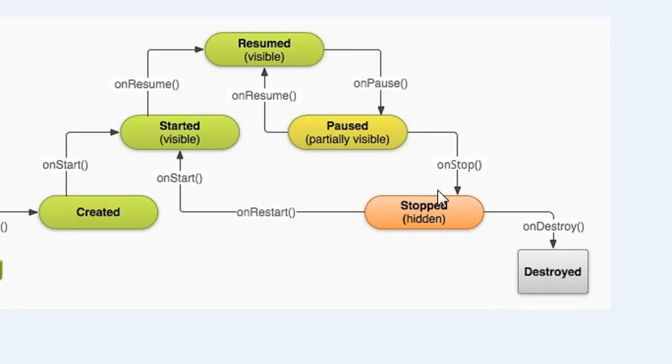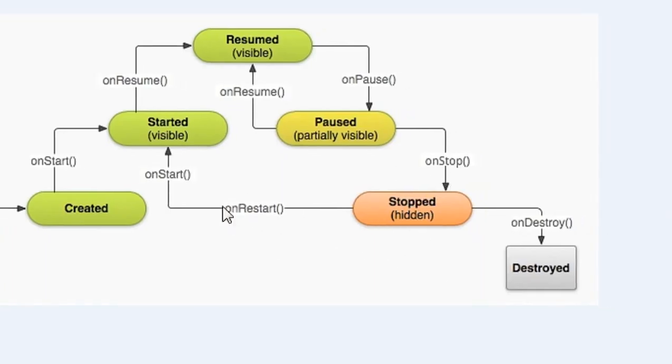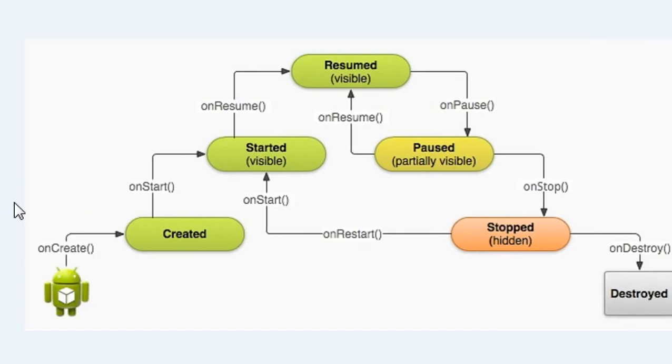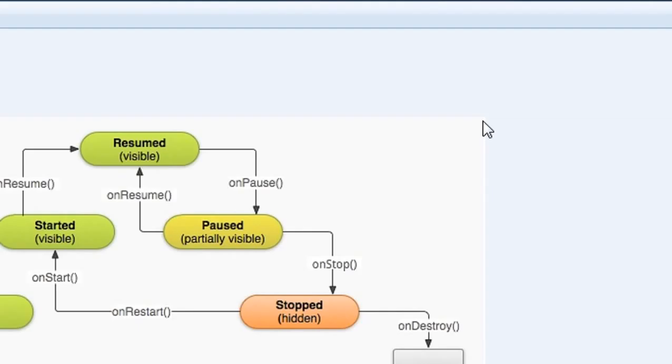If an activity is stopped and it is not destroyed, we have to restart it by calling the onRestart method. Soon after the onRestart method is called, it will call onStart, then again it is visible to the user. Okay guys, now I am going to explain all these things by using an example.